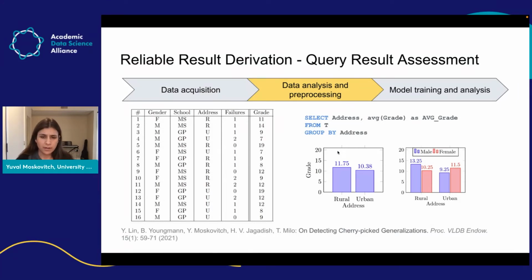We do it by looking into subgroups of the groups in the query result, and for each such subgroup, we check whether the same trends are present as in the original query. Then the score corresponds to the fraction of data that align or agree with the query result.